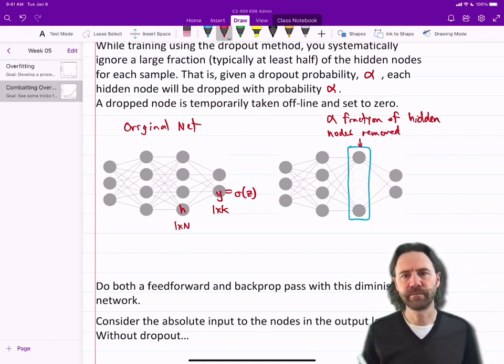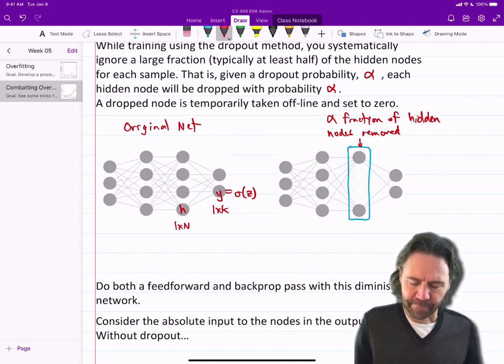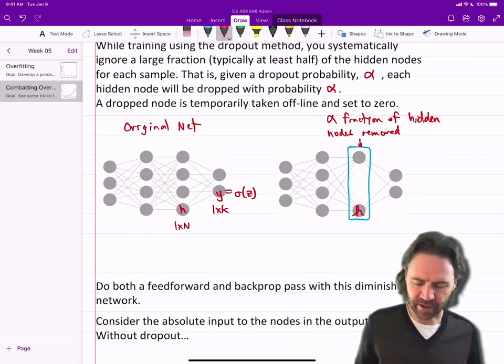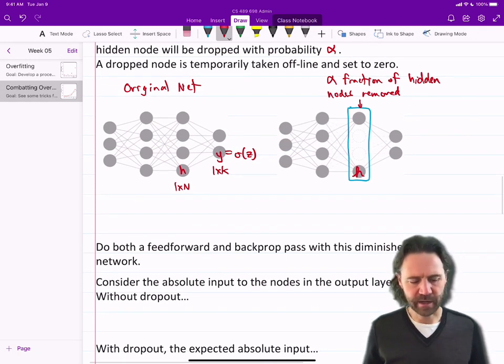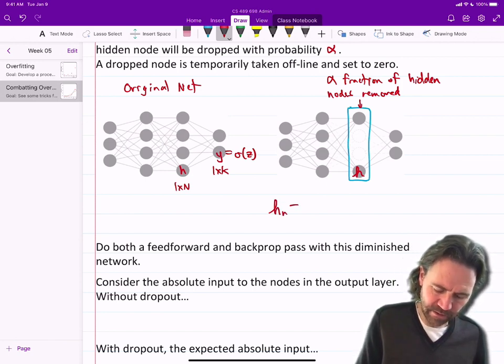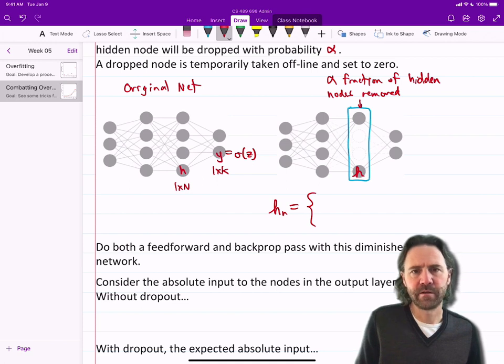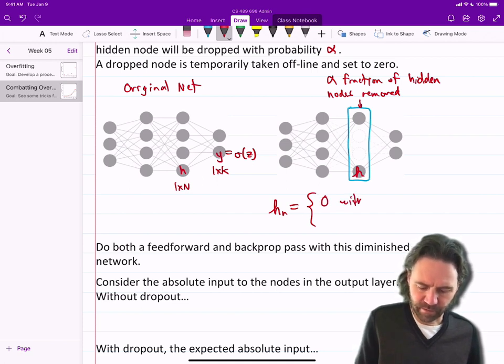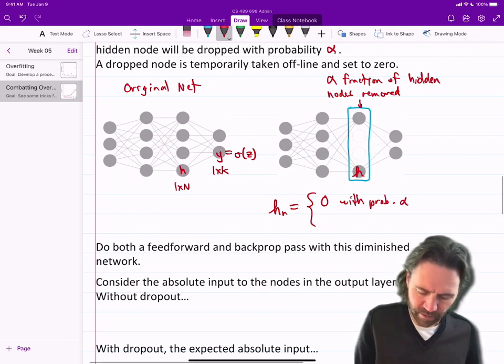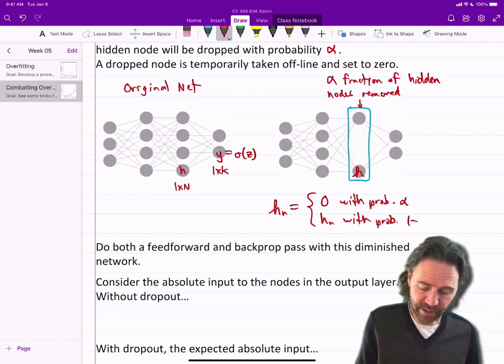I'll refer to the remaining hidden nodes as script H, and define script H sub n to be equal to 0 with probability alpha, on an individual node by node basis, or equal to h_n with probability 1 minus alpha.